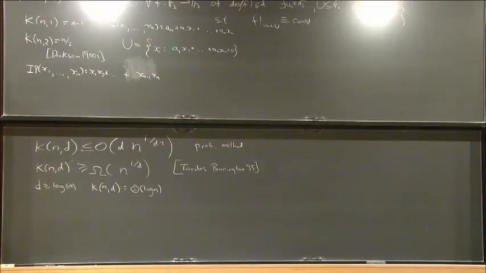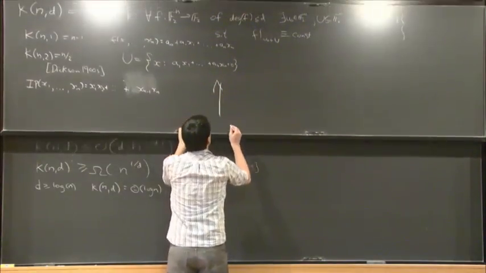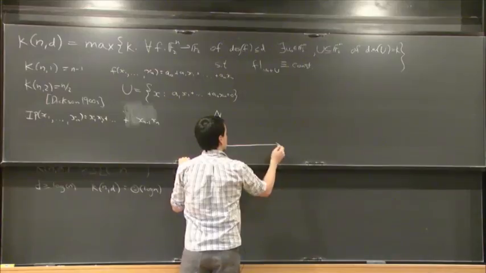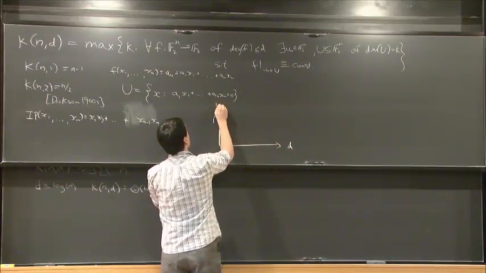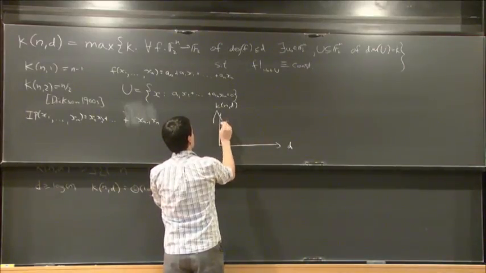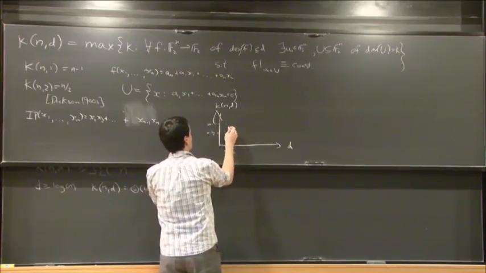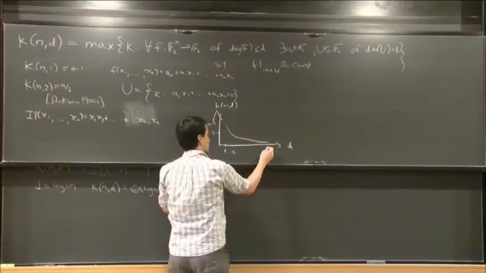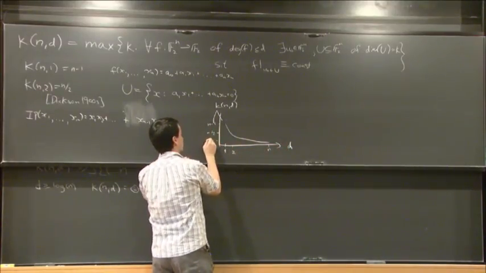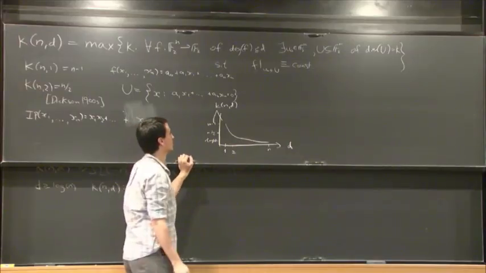I didn't say it, but it's obvious from the definition of K_{n,d} that it's a monotone decreasing function with respect to d. So I think of this as d, and this was K_{n,d}. For 1, it's n minus 1. For 2, it's n over 2. And it decreases. And here it's roughly log n. Okay, for big n's, it's roughly log n.